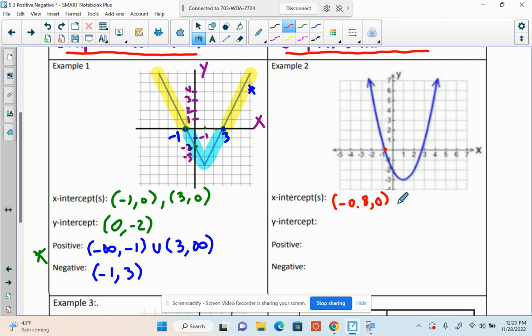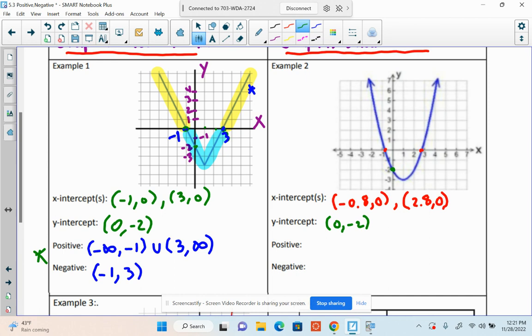The y value there is 0. And then we have another x-intercept over here. We're going to call that (2.8, 0). We'll just do our best estimate there. And then our y-intercept right here at (0, -2). That's our y-intercept.